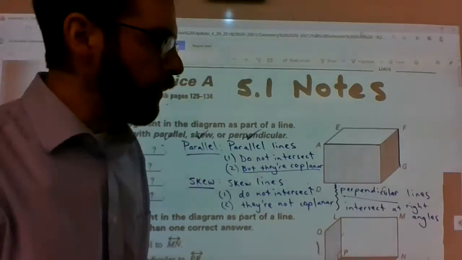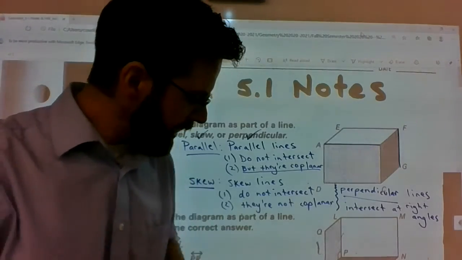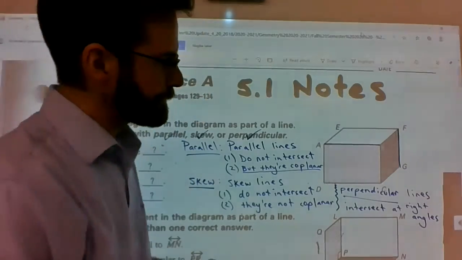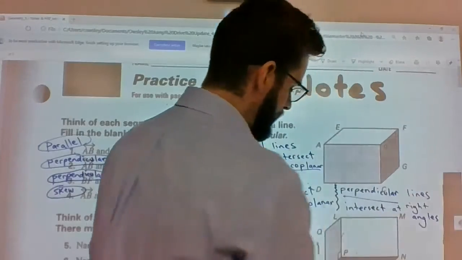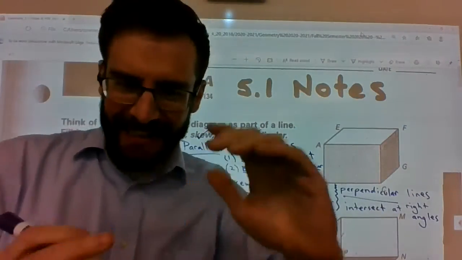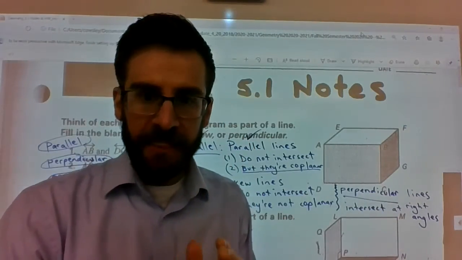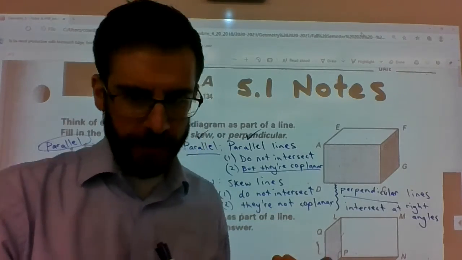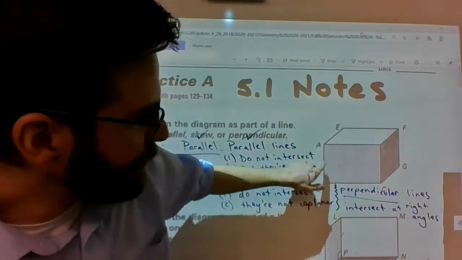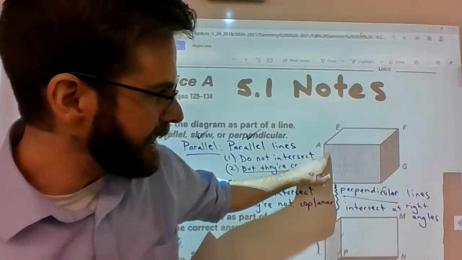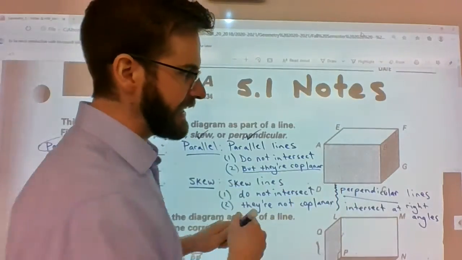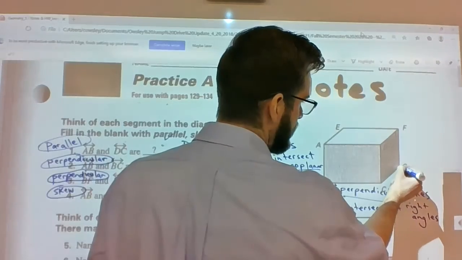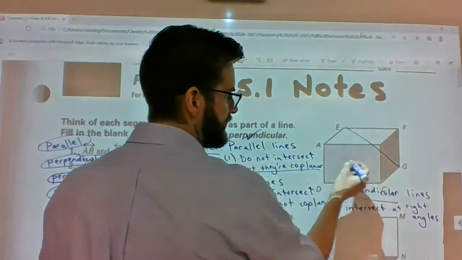Now, I want to throw one thing out here so that you guys don't get confused later on. There is technically a plane that can connect diagonally that we're not seeing right here. So let's say we took the line segment AE and we connected it diagonally with CG.